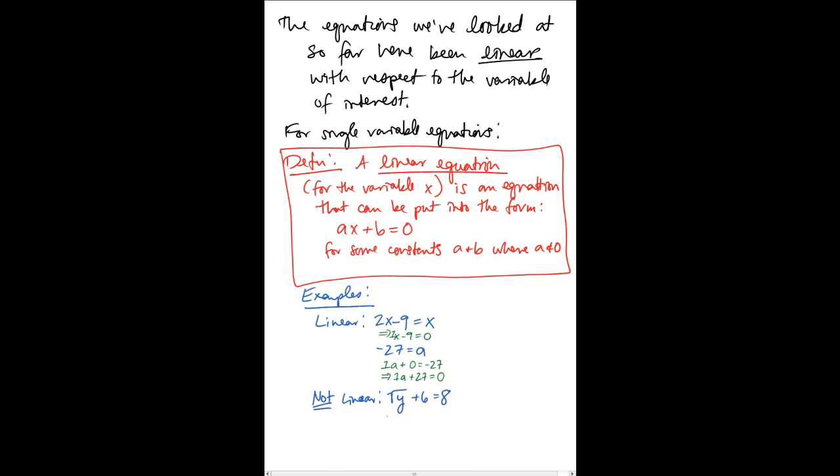Here's another example. p squared plus 9 equals p minus 4. We could try to rewrite this, but even if we move things around, we'll never be able to get it in the form ax plus b equals 0, or in this case, our x instead of an x would be a p. Because we've got this square. The fact that we've got this squared there means we can't rewrite it as a linear equation in this particular case.